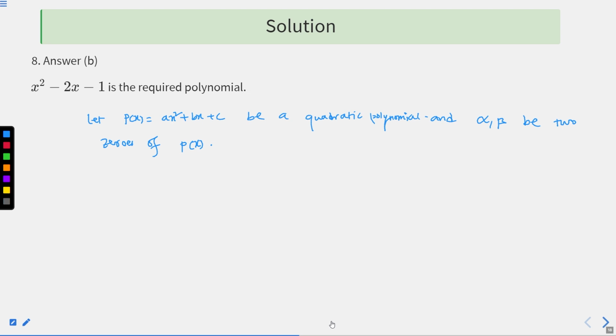We know the sum of its zeros, alpha plus beta, is equal to minus of the coefficient of x divided by the coefficient of x square.